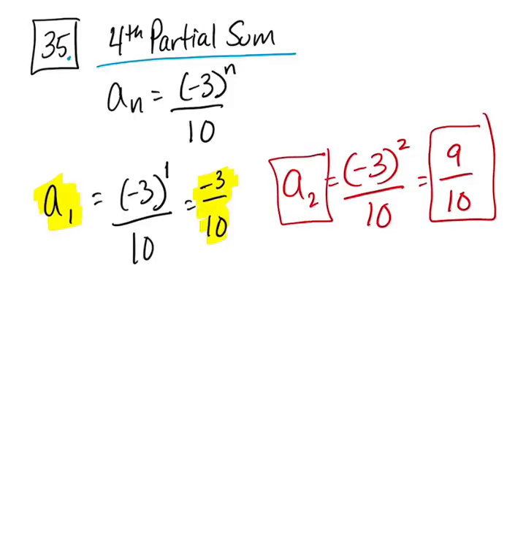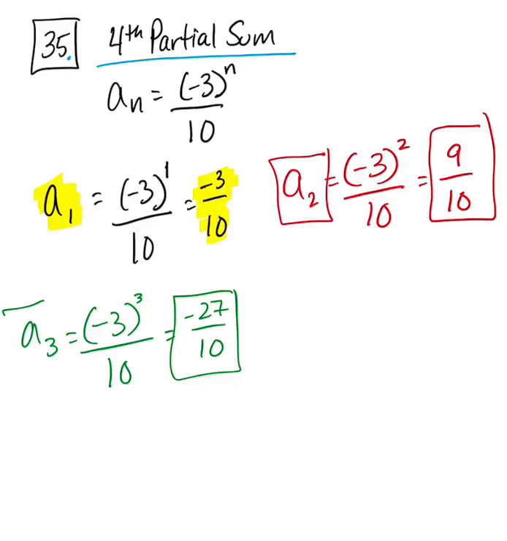Then my third term is negative 3 to the third power divided by 10, and that is negative 27 over 10. All right, I'm almost there. Fourth term: a sub 4 is negative 3 to the fourth power over 10, and that gives me 81 over 10.